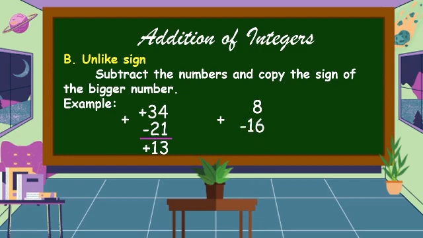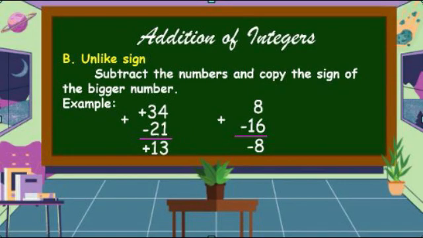Another sample, 8 plus negative 18. 8 is positive, then 18 is negative. So, we're going to subtract. 18 minus 8, the answer is 10. And we can see that 18 is bigger than 8, so we are going to use the negative.